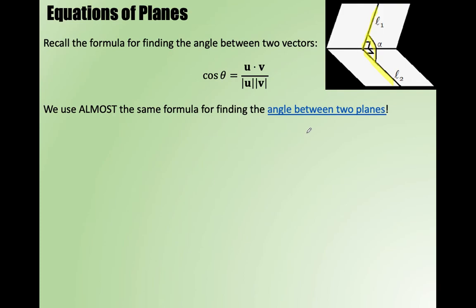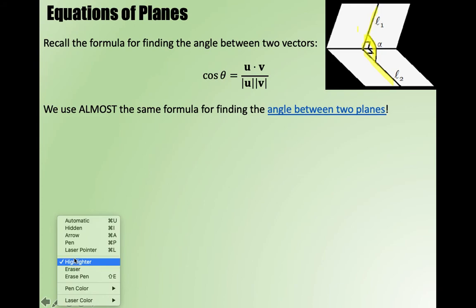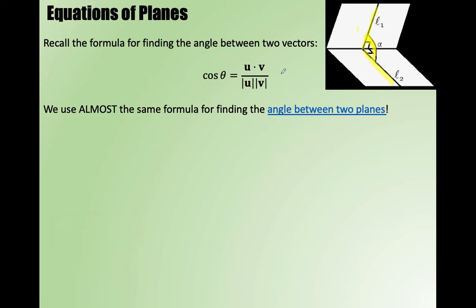So in other words, the angle between the planes is always going to be acute. Even if I take this one and swing it back here, because planes go on forever and ever, I only care about whichever angle. I don't care where that angle is relative to the plane, I just want the acute angle. Now think about what I had up there before. How we actually compute this is taking the inverse cosine. Remember the restrictions on inverse cosine?